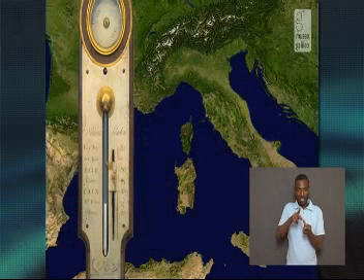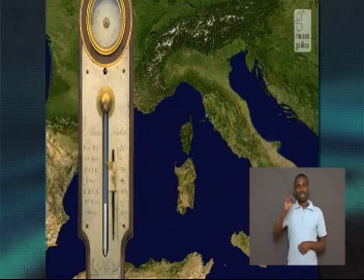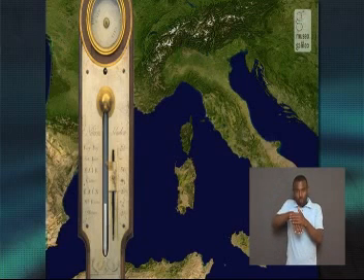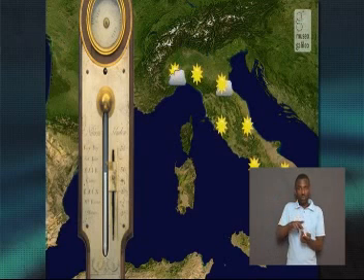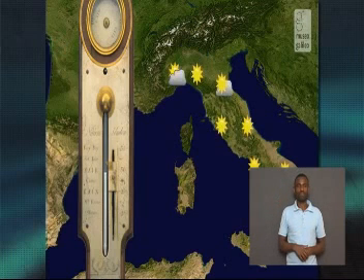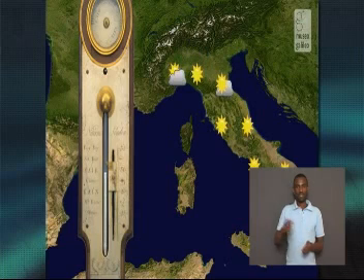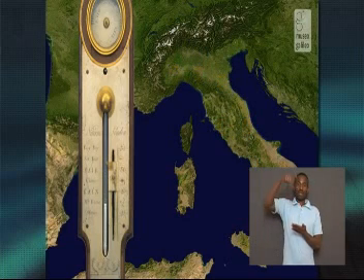Mercury barometers consist of a reservoir and a sealed tube that rises up out of the center of the reservoir. When atmospheric pressure is high, it presses down on the mercury in the reservoir, forcing the mercury up into the tube. When atmospheric pressure is low, it allows mercury to flow out of the tube and back into the reservoir.